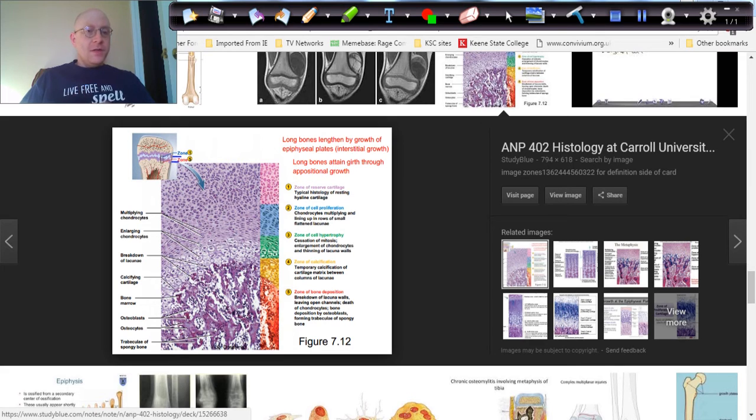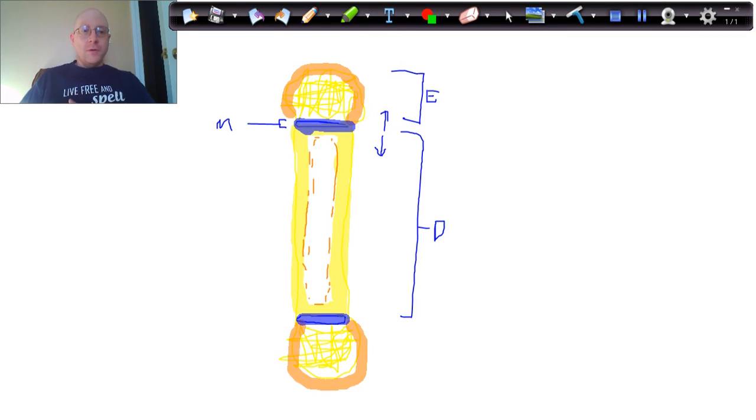Now, this metaphysis showed up because when you're going through endochondral ossification, we start with bone creation happening here at the primary ossification center of your cartilage model, and then the bone replaced cartilage in a longitudinal as well as lateral direction. Okay?